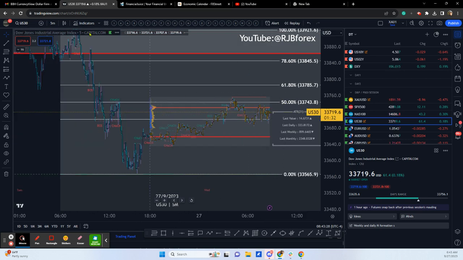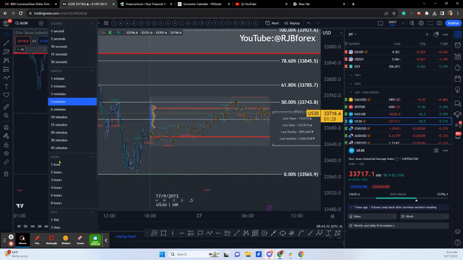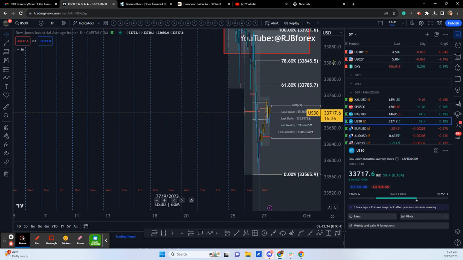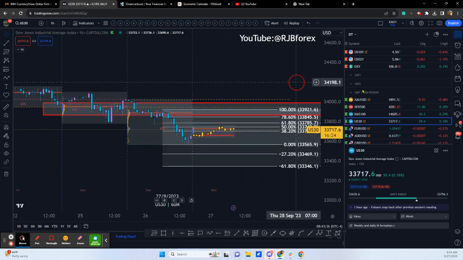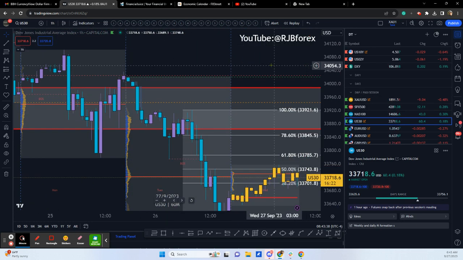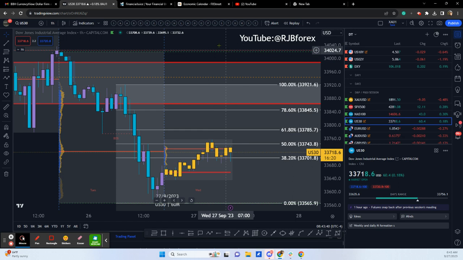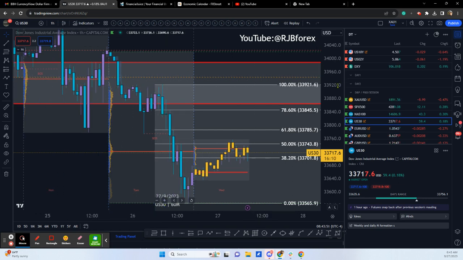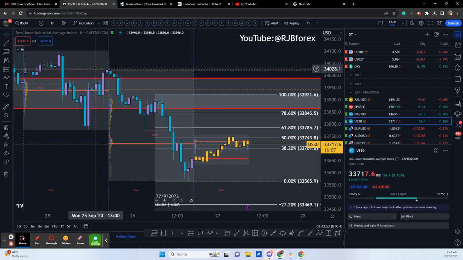If we come out to an hourly chart, this is the US 30 we're looking at the moment. We can see that it's come up to a 50% mean reversion of that drop. So consolidation. This is the day's range.